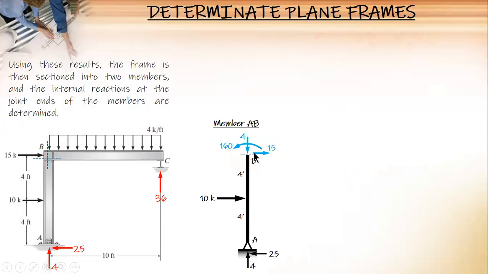Okay. Now, before you transfer to BC, analyze first joint B. This is joint B. There is the 15 there. And then you transfer this. The direction is opposite: right becomes left here, downward becomes upward here, and counterclockwise becomes clockwise here. Like this one.